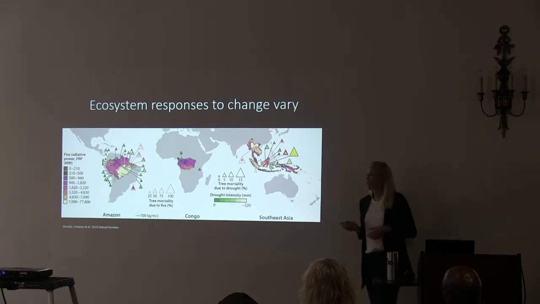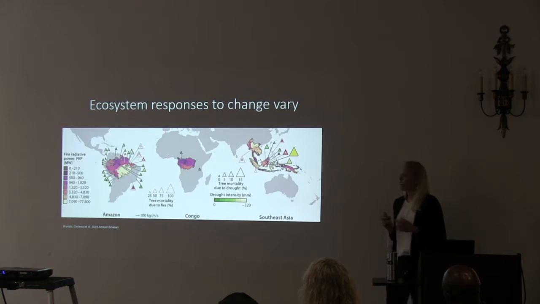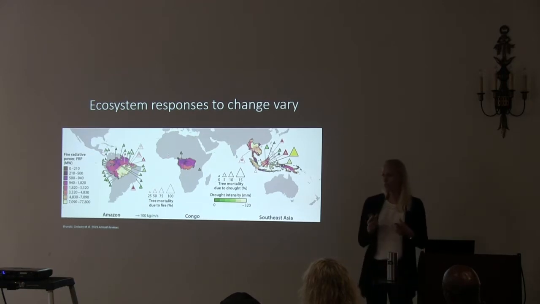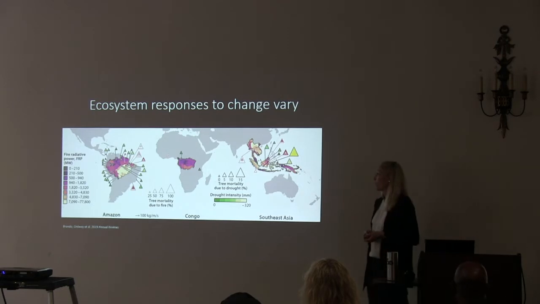The open triangles show tree mortality associated with fire, and the filled-in triangles identify tree mortality associated with drought. This is based on a literature review, so these are known cases of mortality and fire radiative power across the tropics.